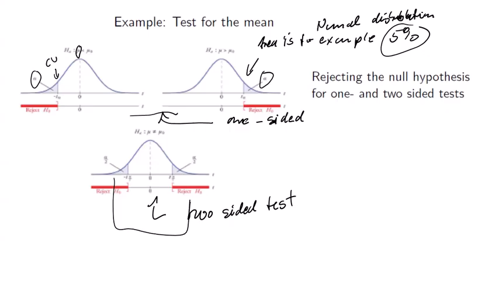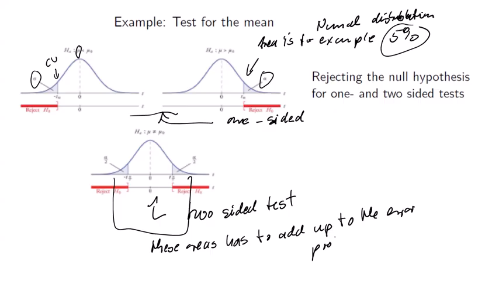So these two areas have to add up to the error probability of alpha, for example, 5%.